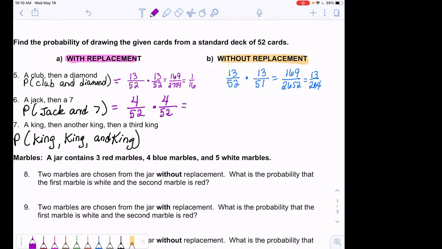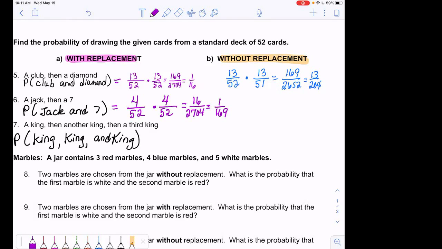So that gives us 4 times 4 is 16 out of 2,704. And Emma, when you get a chance, you can say what that reduces to. You say 1/169.